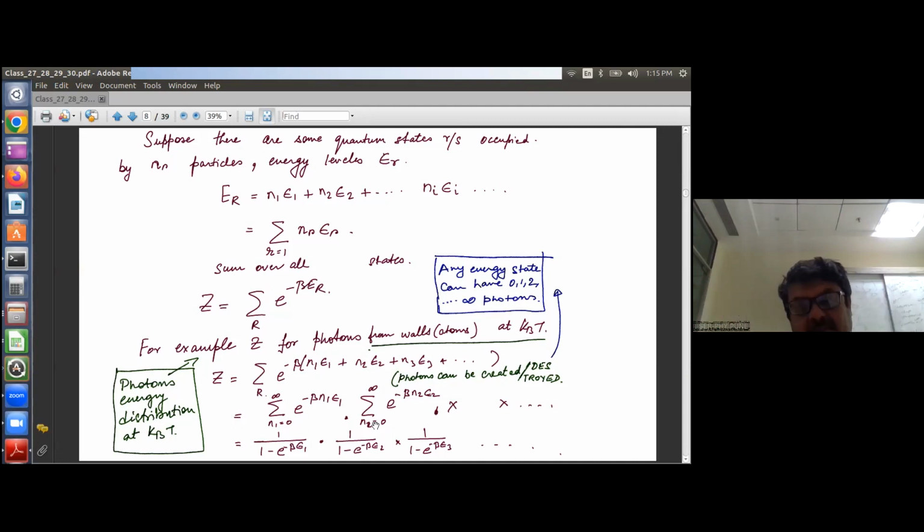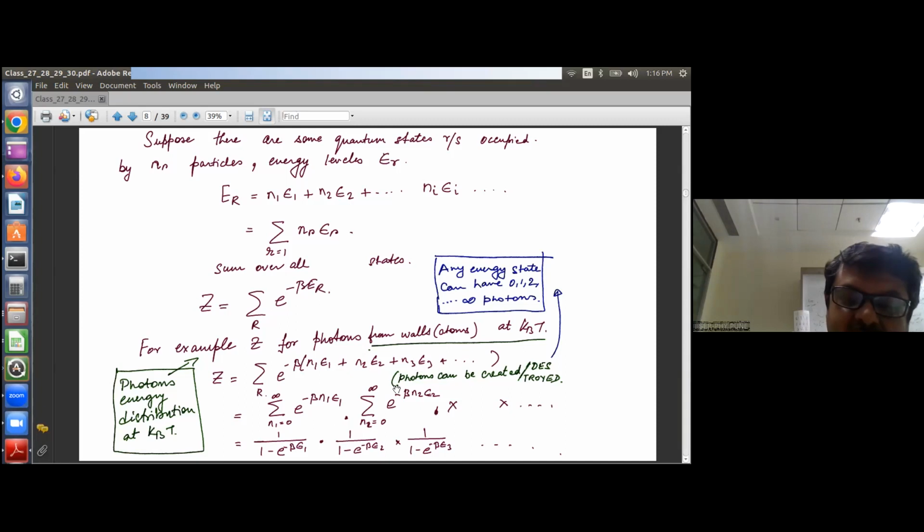But you have only n1 photons with energy epsilon 1 and nothing in between, and epsilon 2 and epsilon 3 and so on, not a continuum, right? You're already putting in the discrete nature of the energy or the frequency of light, and the values of epsilon 1, epsilon 2, epsilon 3 will be calculated soon after.